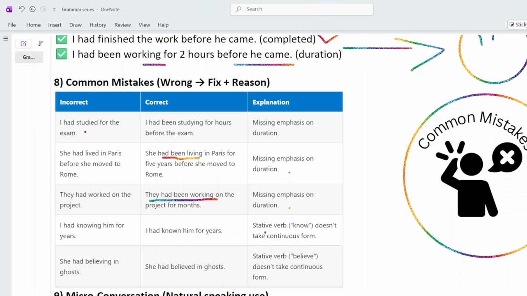I also spoke about something known as stative verbs. When you are talking about your feelings, like knowing or liking or loving something, remember, they do not take continuous form at all. So here it is just the "had" and the sentence does not take continuous form, because the stative verb, that is know, like, love, or the feeling, does not take on the continuous form.